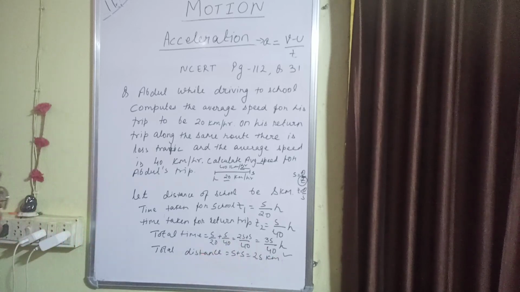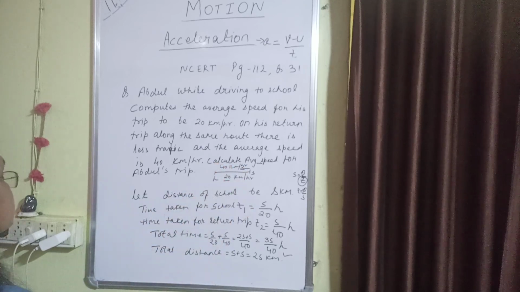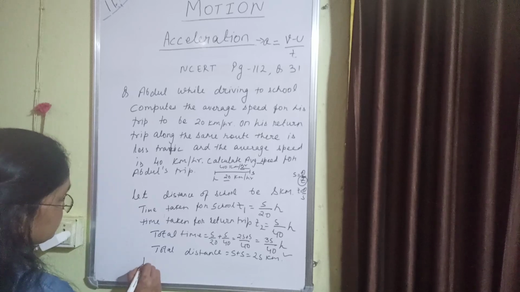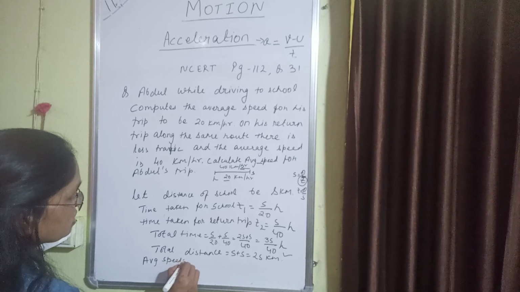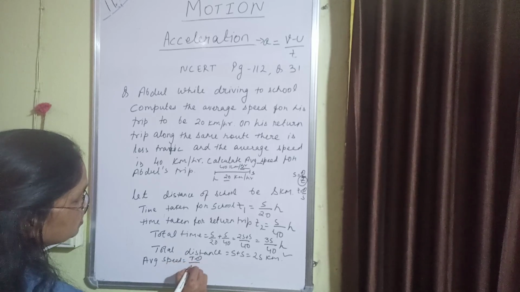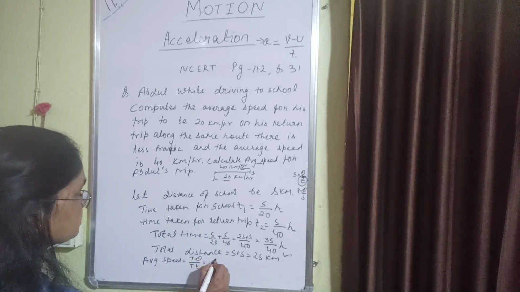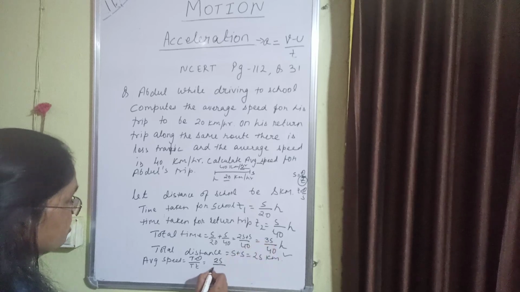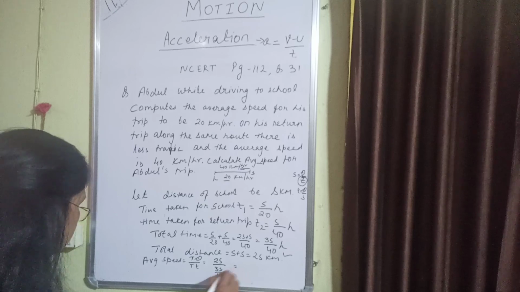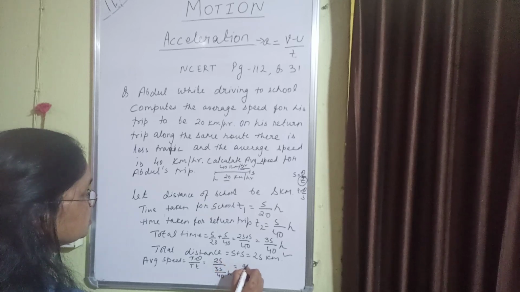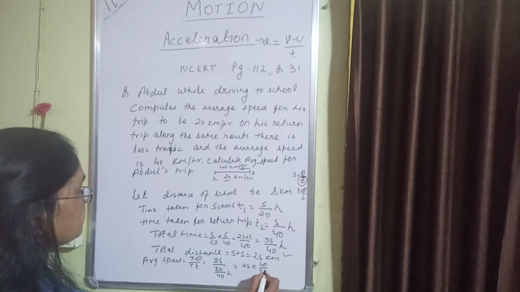Till here you have understood, I hope. Now find out the average speed: total distance by total time. Your total distance is 2S and total time is 3S by 40 hour. That is equal to 2S into 40 by 3S.